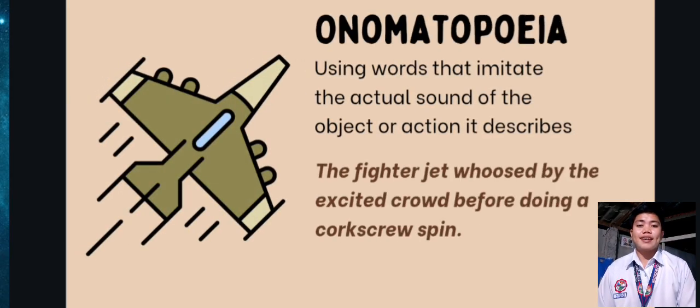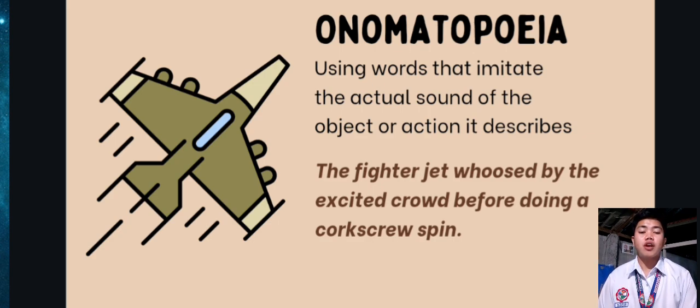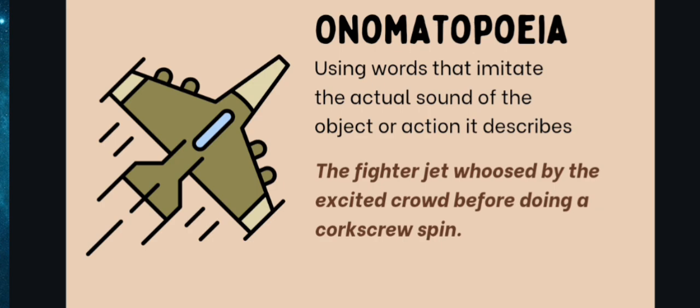The fifth one is onomatopoeia. Onomatopoeia is about using words that imitate the actual sounds of the object or action it describes. The example here is: the fighter jet whooshed by the excited crowd before doing a corkscrew spin. As you can see, the whoosh here is just the sound of the jet.